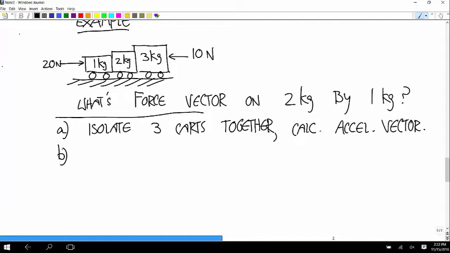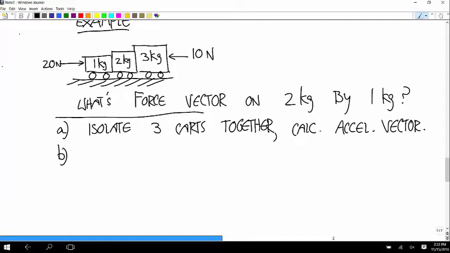We don't care about the 3 because we weren't asked for it. So we'll see when we draw the free body diagram why, but the short answer is for the contact forces, you just go around the boundary looking for contact. And if you isolate both of these together, the boundary between those two is not the boundary of your isolated system.